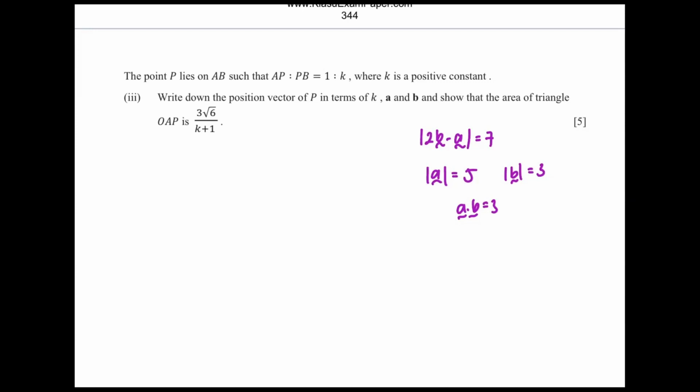This is AP over PB equal to K over 1. Yeah, that's right, but this becomes better.